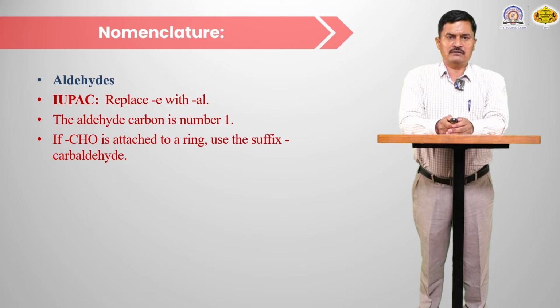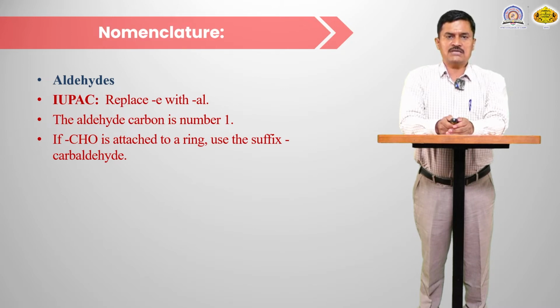IUPAC nomenclature system of the aldehydes and the ketones. In aldehyde IUPAC nomenclature, the last letter E from the alkane is replaced by AL, and in the case of a ketone, the last letter E is replaced by ONE. The aldehyde carbon is numbered 1.